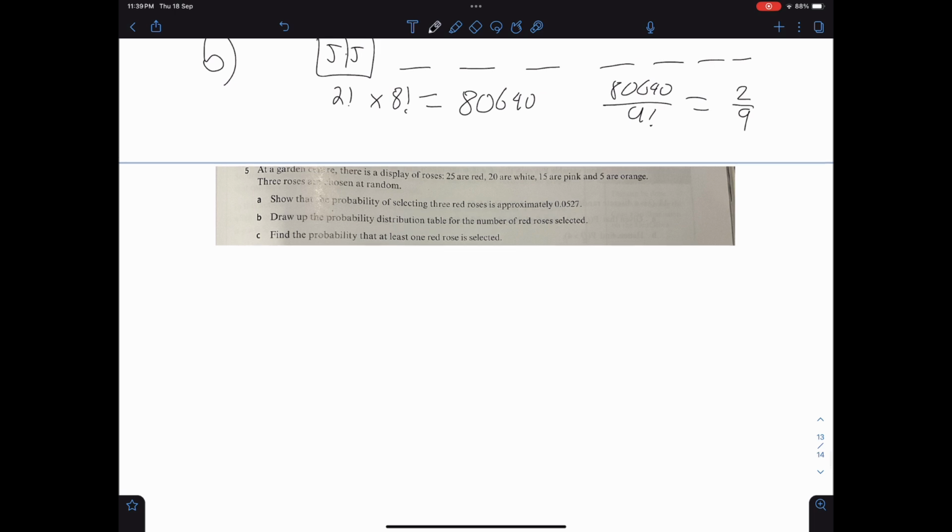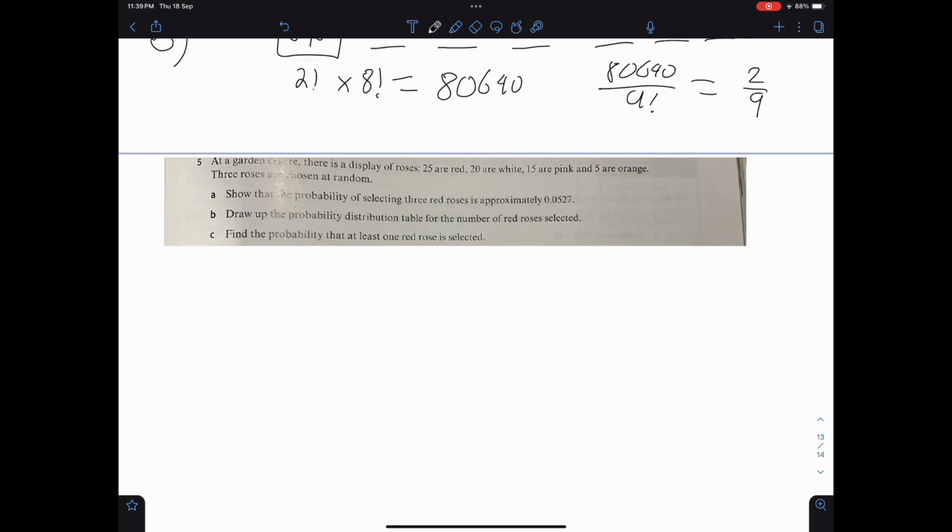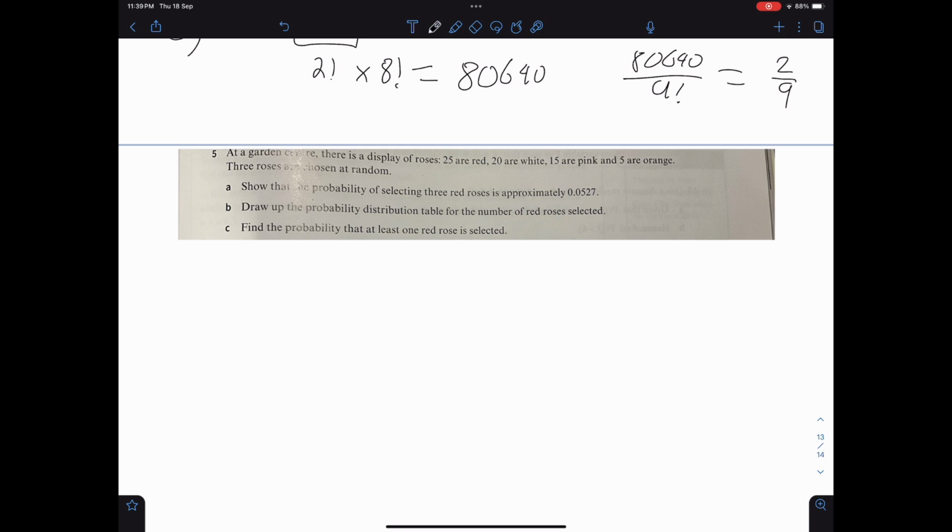So now, okay, we'll ignore B because this is not a video on probability distribution tables. This is about perms and coms. Okay, we want 3 red roses. That's 25 choose 3.